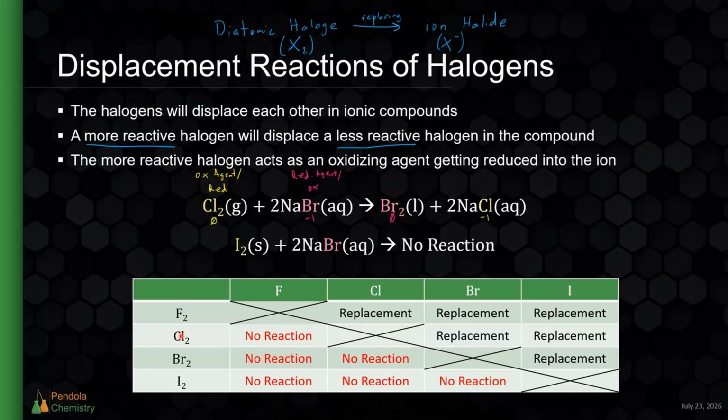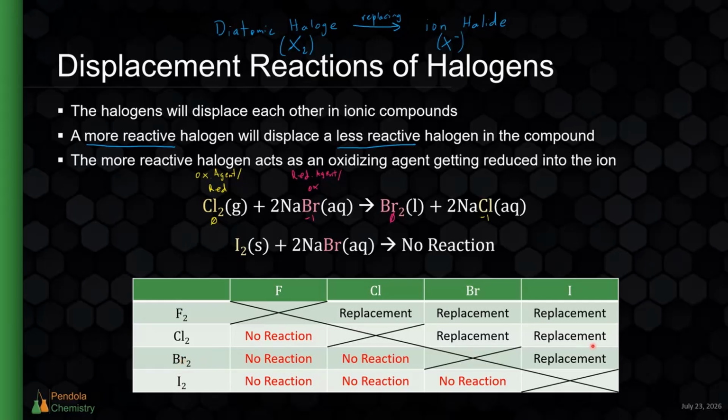However, chlorine, which is the second most reactive halogen, can only replace bromine and iodine in a compound, but not fluorine. So we can see here that chlorine is able to replace bromine only because chlorine is higher than bromine in the group. But it wouldn't be able to replace fluorine; if this was NaF, there would be no reaction.